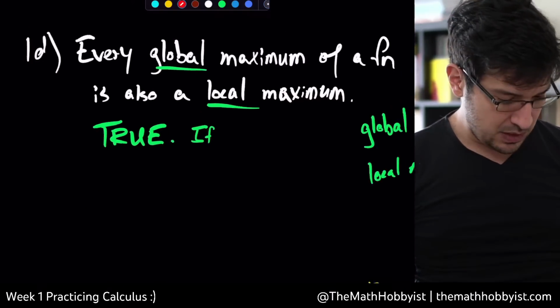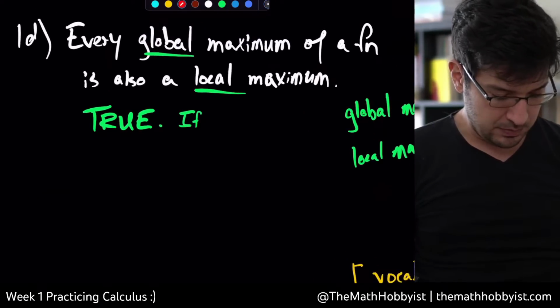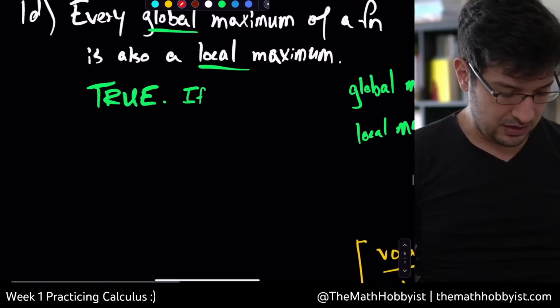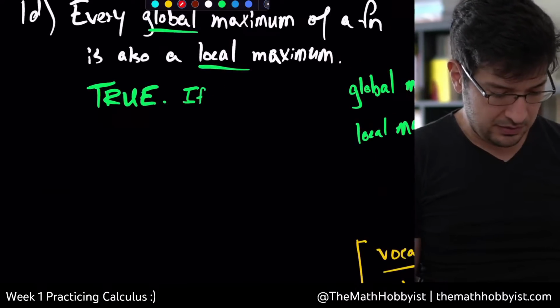All right, so every global maximum is also a local maximum. I think that's just clear.